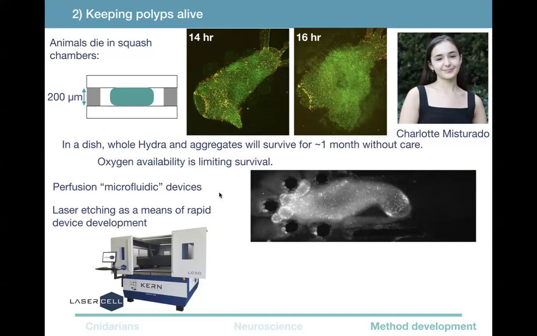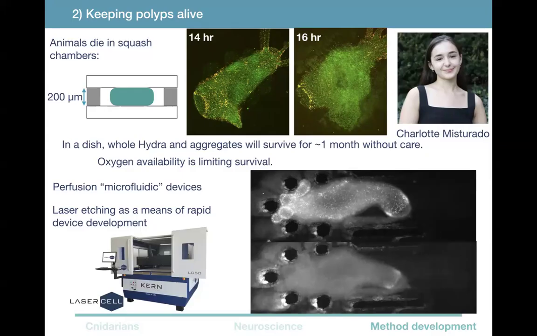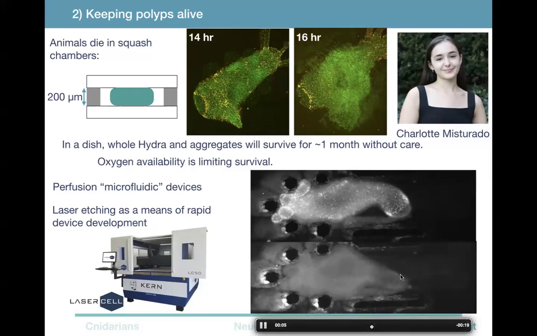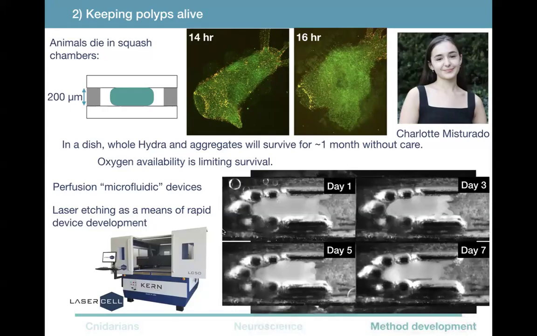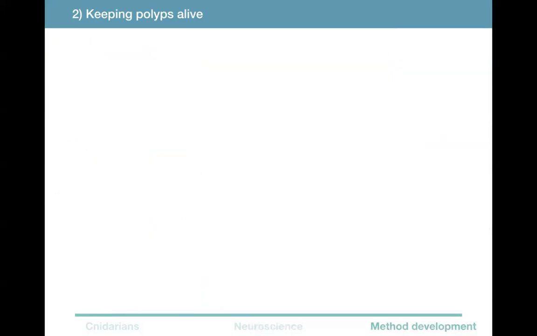You can still image all the neurons, and here you're imaging contraction, so you're seeing this burst of GCaMP in the foot here. And in these chambers, in contrast to the squash chambers, they can survive for a week or more. They're quite healthy without feeding or anything. They just flow fresh media over them, solving our oxygen availability problem.